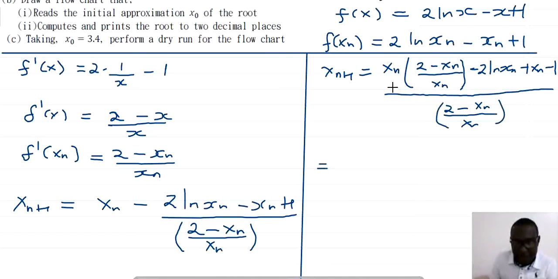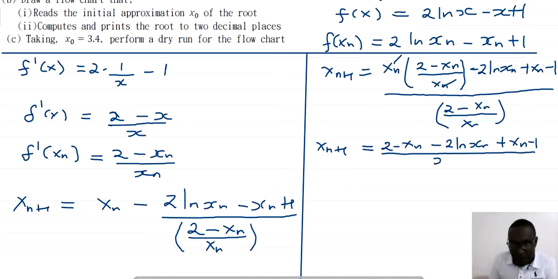This here goes and we have xn plus 1 is equal to now 2 minus xn in the numerator, this and that go. So minus 2 ln xn plus xn minus 1 all over 2 minus xn divided by xn.